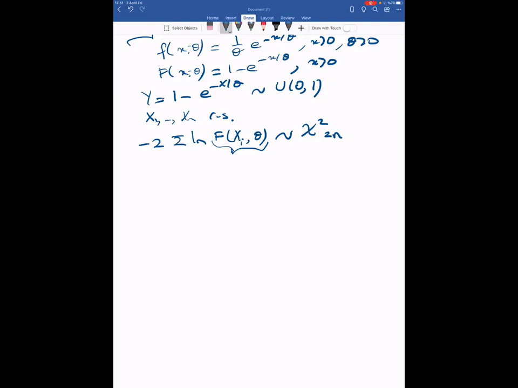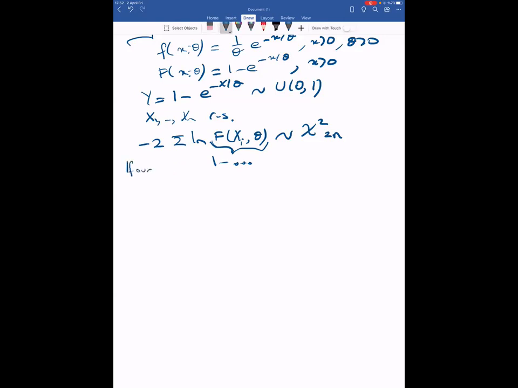If our CDF is in 1 minus blah blah type format, then instead of using F of xi, we can use 1 minus F of xi. If F of xi is distributed as uniform (0, 1), 1 minus F of xi will also be distributed as uniform (0, 1).